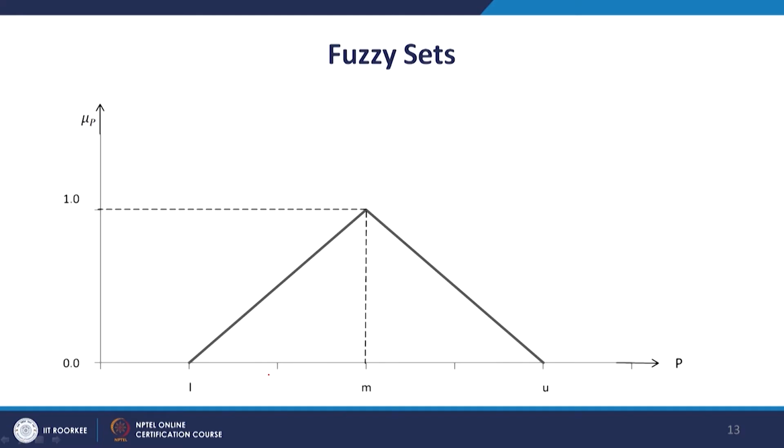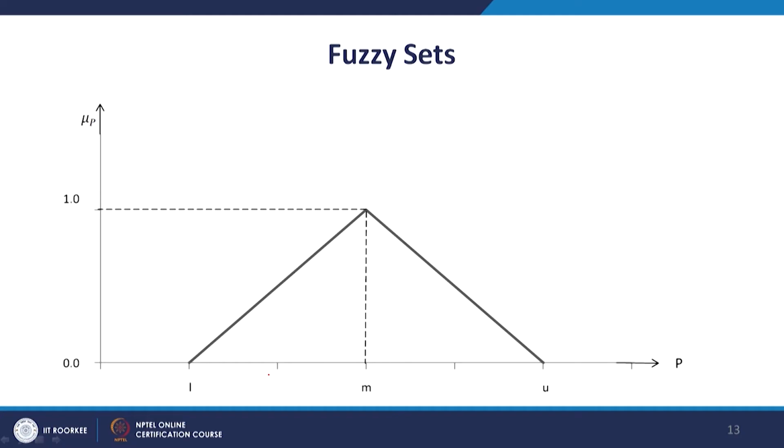This is how it can be depicted in a triangle fashion. Along the x axis we have this set P, where the parameter values L, M, U are coming from. Therefore, they can be any real value, because P is a set in a more conventional form.